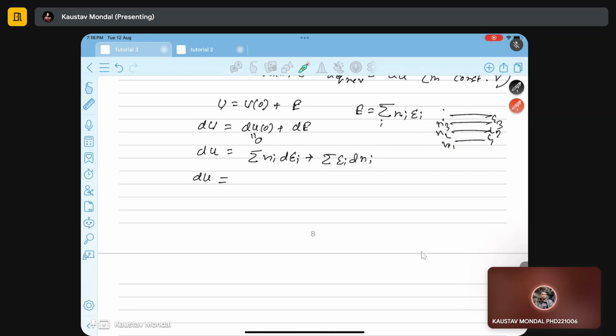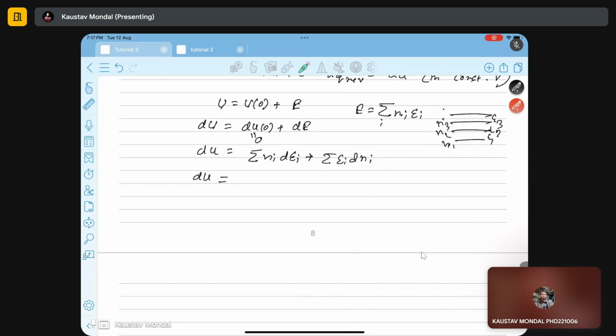The value of energy in each state will remain fixed. So that means the change in internal energy will be contributed from the term where the number of particles changes in each energy state, defined here by dNi, the change in particle number in the ith state. Although the energy of the ith state, d epsilon i, remains fixed. The energy state itself doesn't change, right? It is kept at its original fixed value.